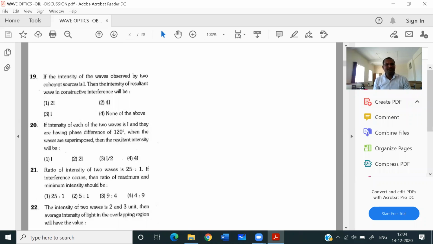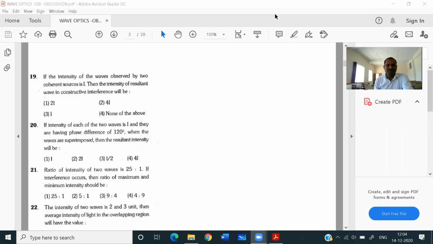If the intensity of waves observed by two coherent sources is I, then what is the intensity of the resultant wave in constructive interference? In constructive interference, delta phi should be constant at zero.